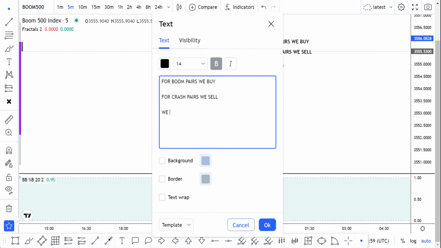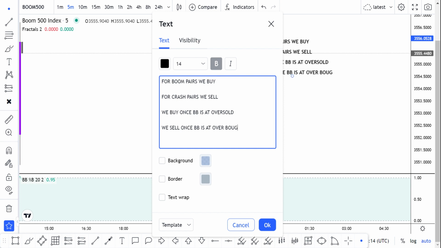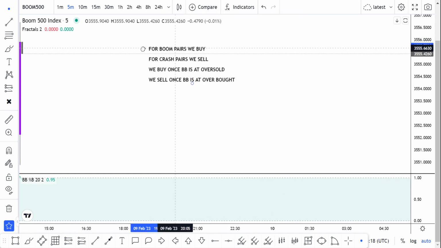And so we buy once BB is at oversold, and we sell once BB is at overbought, after which we can wait for a breakout.